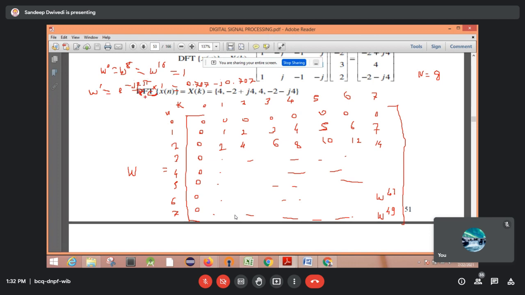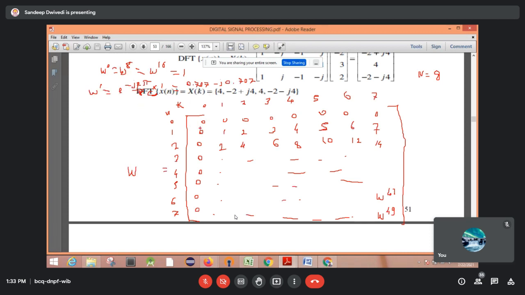This will be pi by 4, so this will be cos pi by 4 minus j sin pi by 4. In numbers you can get this value. In your calculator you can verify it, okay. So the same value you will get for w raised to power 9 in the difference of 8, because it is an 8-point DFT. So where is w raised to power 9 coming? 3 into 3, so here will come w raised to power 9, so that also has the same value.